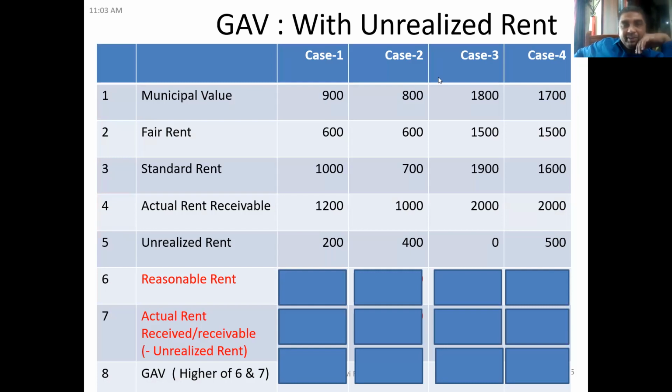Municipal values are given, fair rents are given, standard rent figures are given, actual rents are also given, and one more thing, unrealized rents are there. You know that unrealized rents, if the conditions are met, will be deducted from actual rent. Is it done? First, let us compute reasonable rent. In all the cases, try to compute reasonable rent.